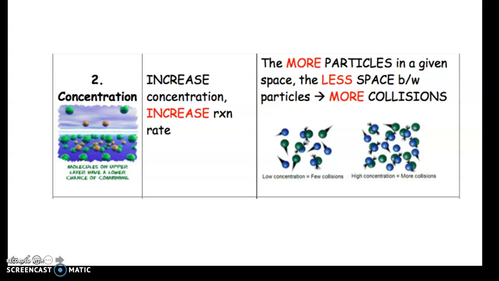If we are in a subway cart and you have 6 people, the likelihood of them colliding into each other is slim to none. But if we add a whole lot more people, the likelihood of them colliding is so much greater because now there's less space. So the more particles you have, the more collisions you're going to have, and you're going to increase your reaction rate, meaning your reaction will happen faster.